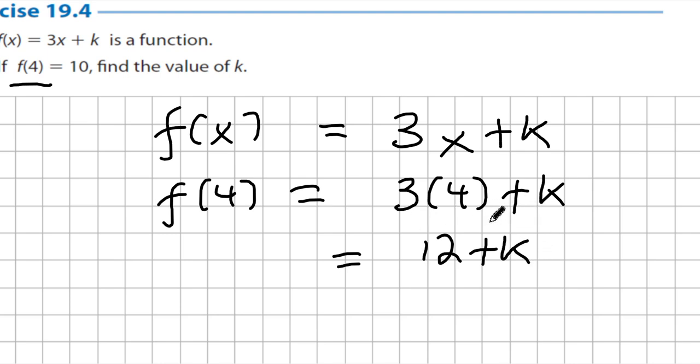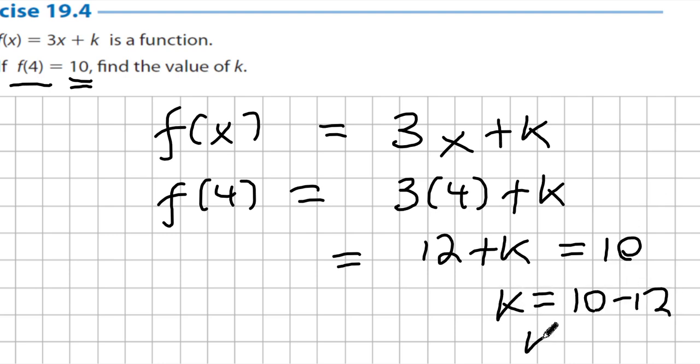Is everybody alright? But we're told the answer is also 10. So what does that mean about the k value? Bring the 12 over to your side and what happens? 10 minus 12, k is minus 2.